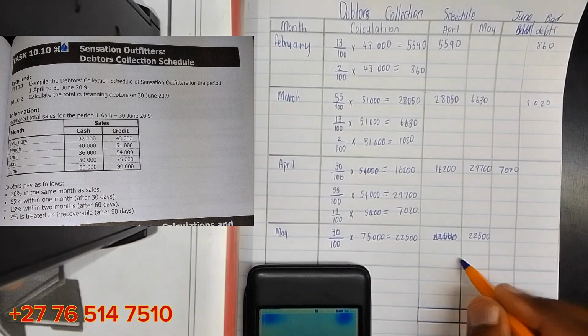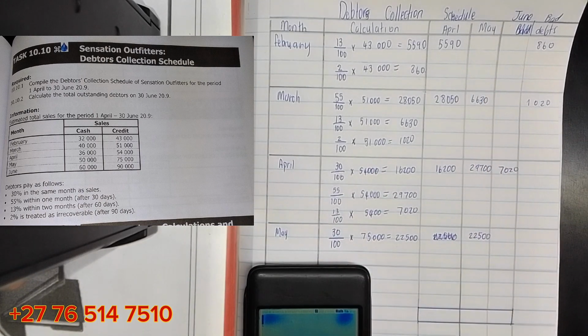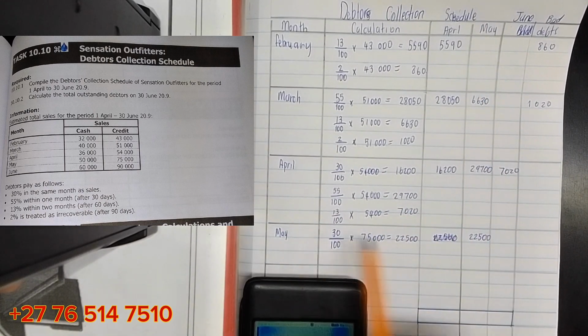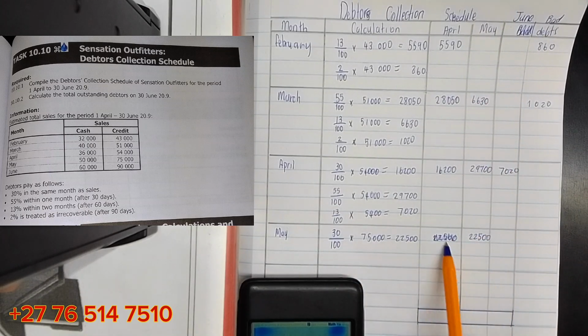See, May and May should come under the same column. May and May. Don't make the mistake of doing this.